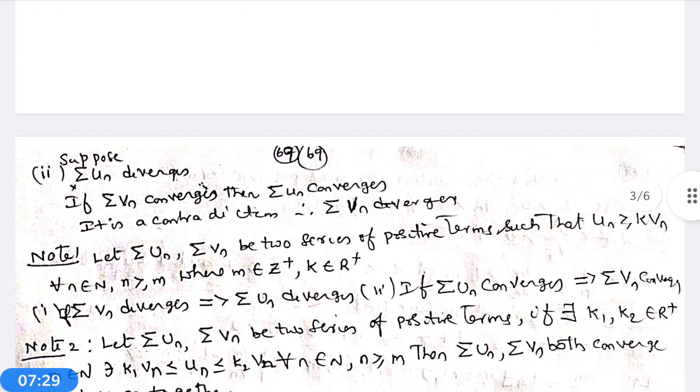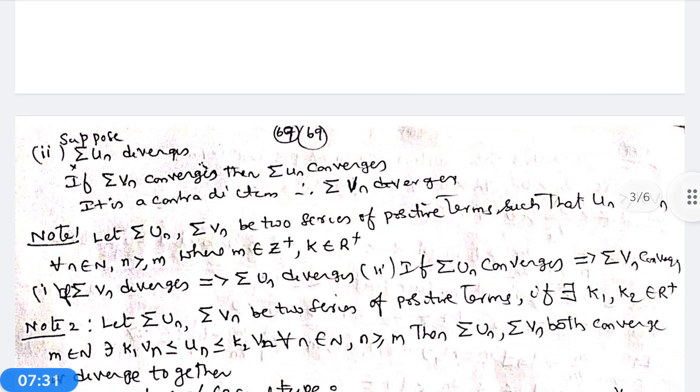Now we go to prove the second result. For the second result, sigma un diverges implies sigma vn diverges. Let us assume sigma un diverges.